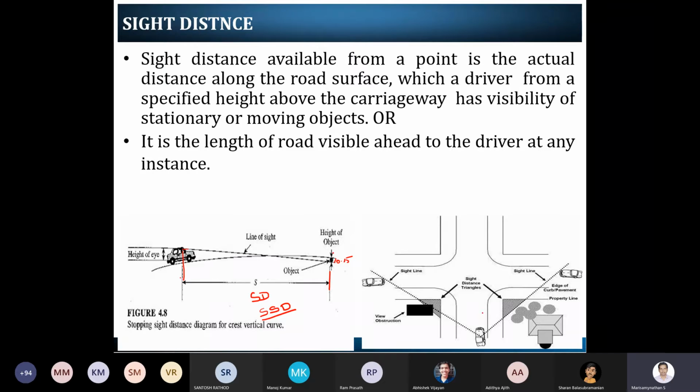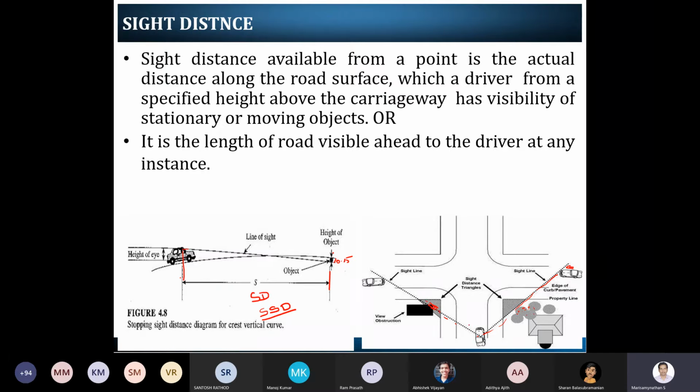And when it comes to the intersection, there are buildings or trees. At the first point we are able to observe the vehicle coming from the right side, but here the obstacle means we cannot see, so he has to come a little bit forward. At this point he is able to see this particular vehicle.